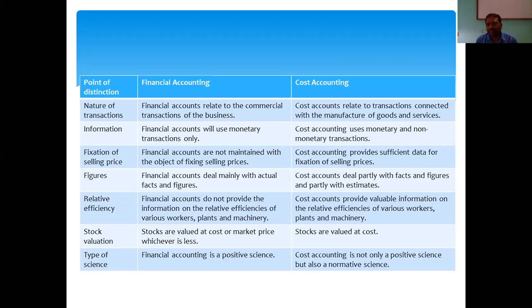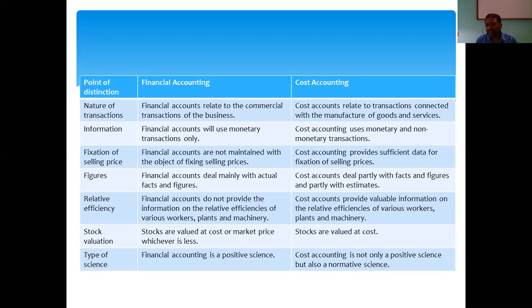And the fixation of selling price. The final accounts are not maintained with the object of fixing the selling price. By using the financial accounting, we are not able to fix the selling price for the products. But whereas with cost accounting, we are able to fix the price for the products.